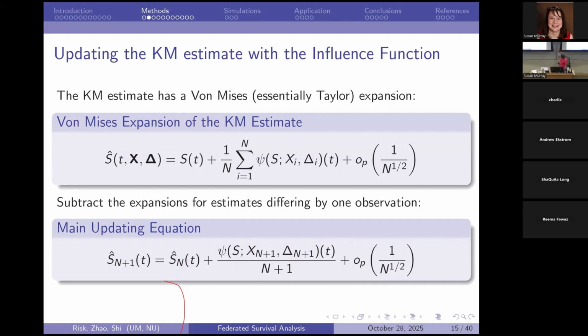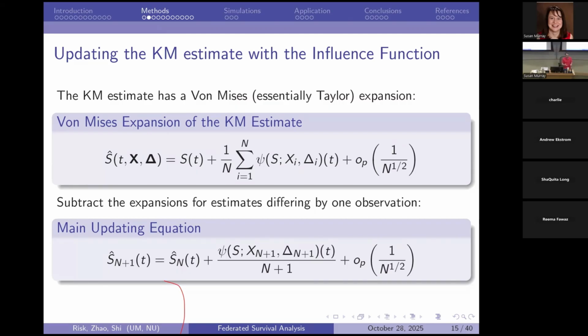So if we expand a Kaplan-Meier estimate based on n+1 observations, and we do the same thing for n observations, and we subtract those two, so those are the S_{n+1}(t) and the S_n(t) down here, and then we just move the S_n(t) over to the other side, and we do a ton of very annoying algebra, what you get out the end is that the expected value of the estimate based on n+1 observations is just the estimate based on n observations, plus the influence function of that n+1 observation divided by the cumulative sample size so far, which makes sense.